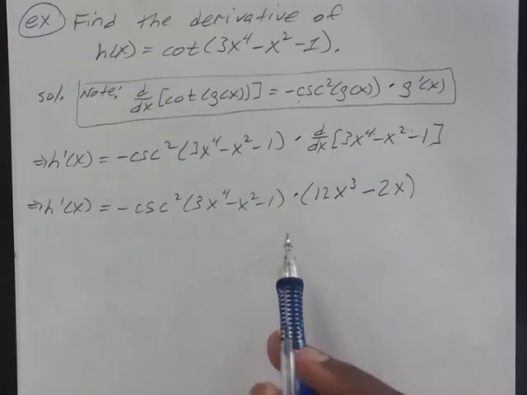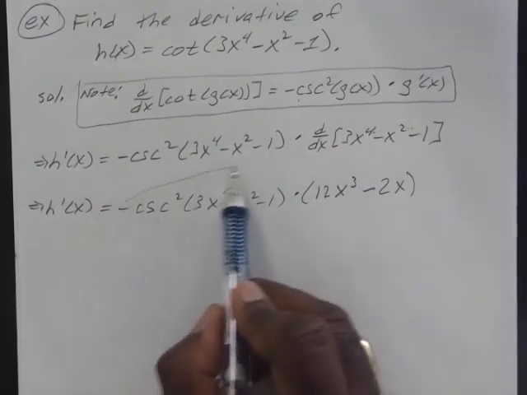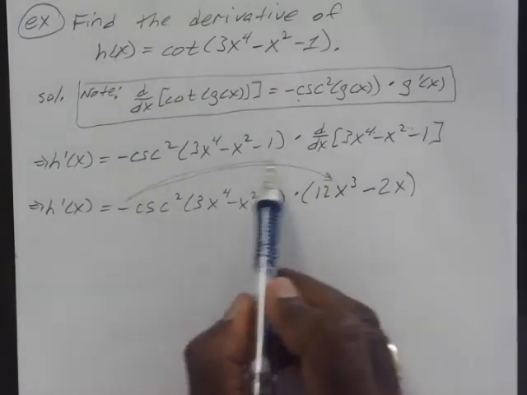Okay. So you could leave it like that, or because you have that negative out here, you could distribute that negative to both of those terms.